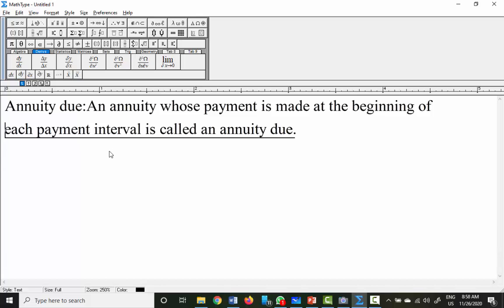So if you buy a mobile or any other product on an EMI plan, and you have to pay the first installment on the day of purchase, that means, for example, if you want to purchase a mobile today on an EMI plan and you have to pay on a monthly installment basis, and you need to pay the first monthly installment today, in that case it will be considered as annuity due.